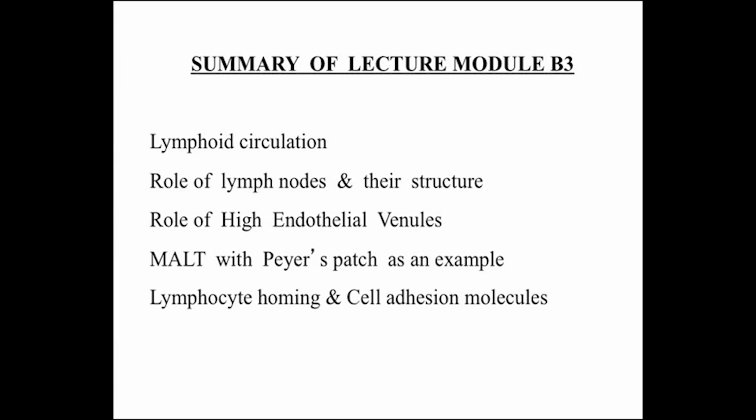We also considered the role of the high endothelial venules, which play an important role in the migration and trafficking of lymphocytes from different areas of the body, especially from the blood into the lymph node, as well as some of the other lymph nodes that were associated with the secretory surfaces, such as the mucosal associated lymphoid tissue or the lymphoid system, where the organization of the Peyer's patch was studied as an example.